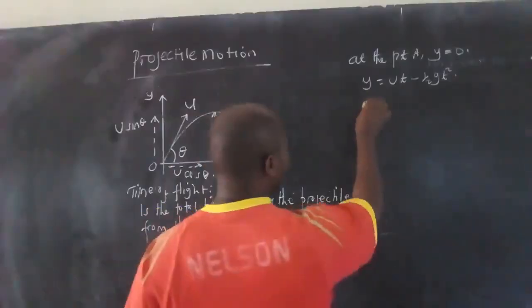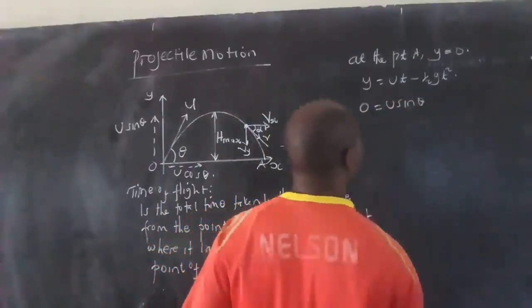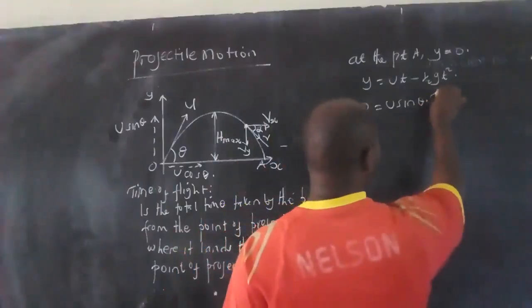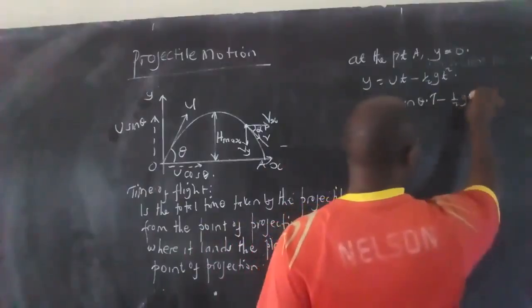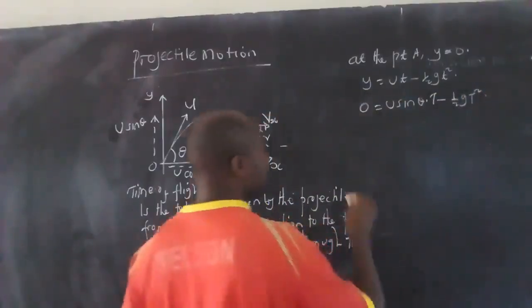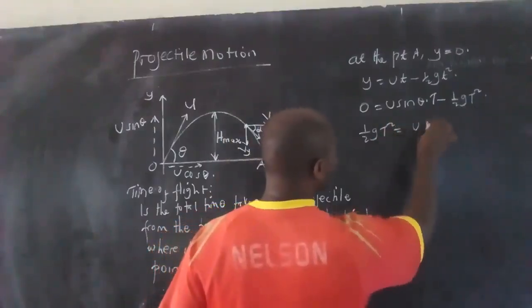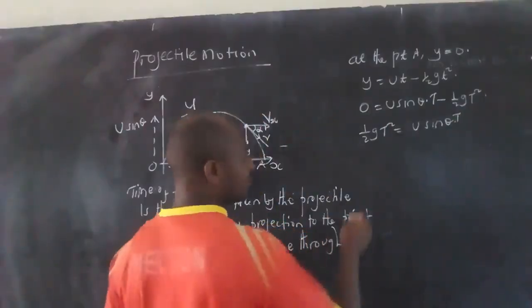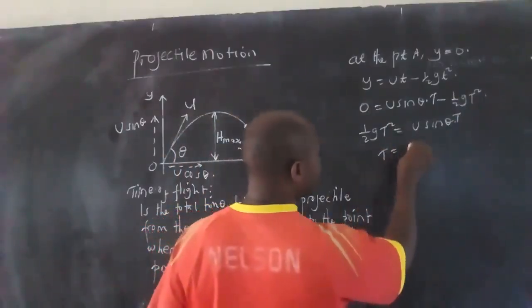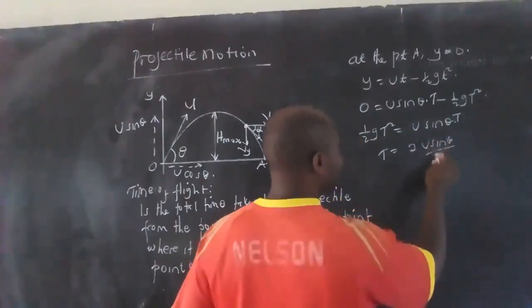So this will be 0 equals u sine theta times time of flight, we shall use capital T, minus a half gT squared. So that means a half gT squared is equal to u sine theta times T, so T will cancel, and T will become 2u sine theta divided by g.